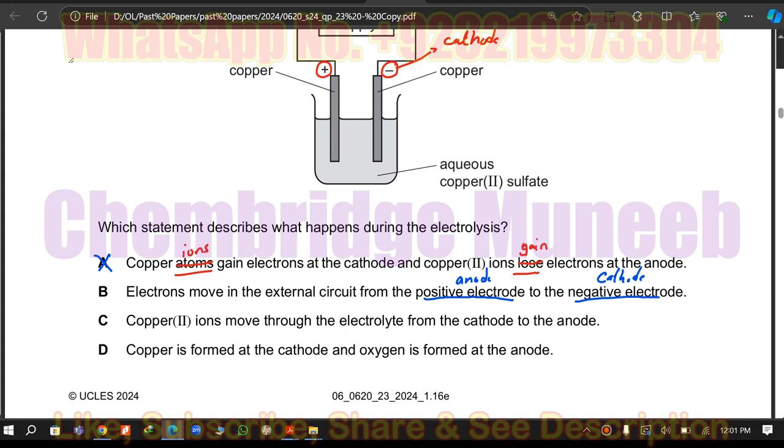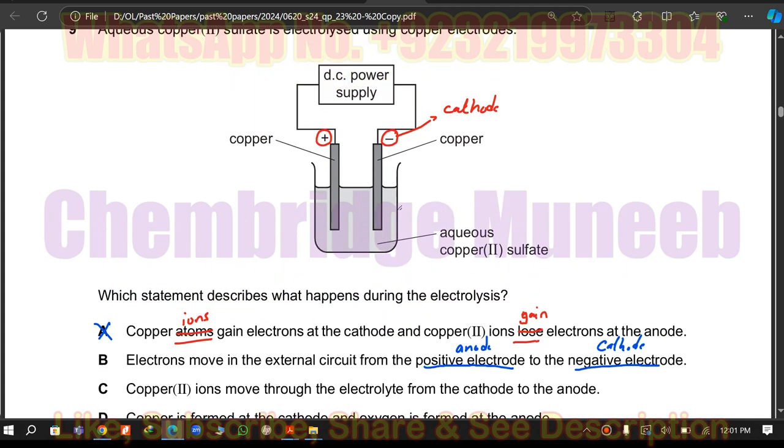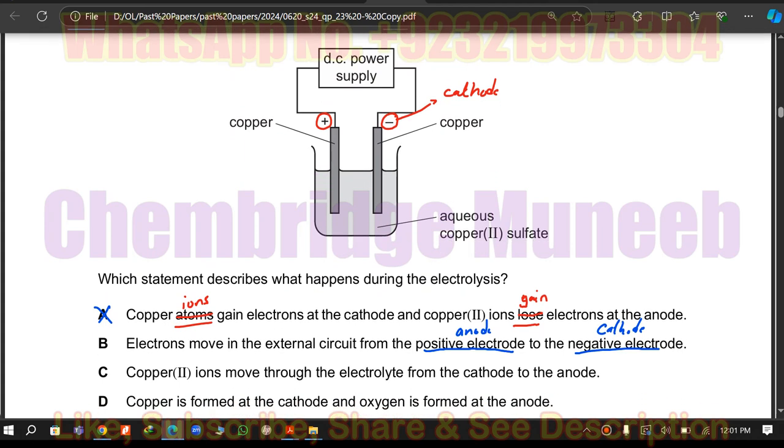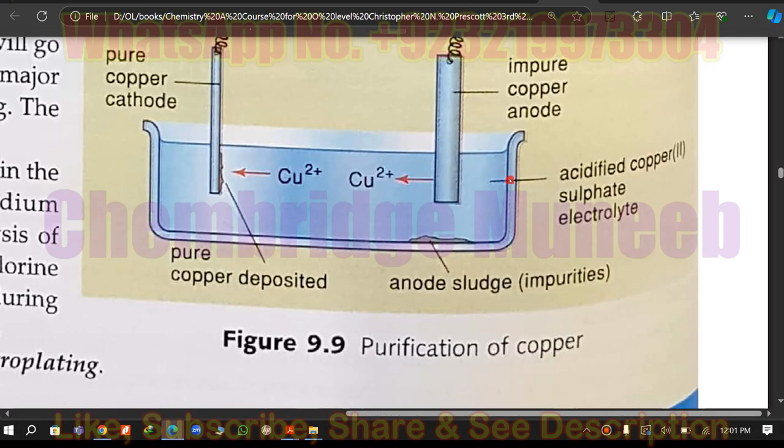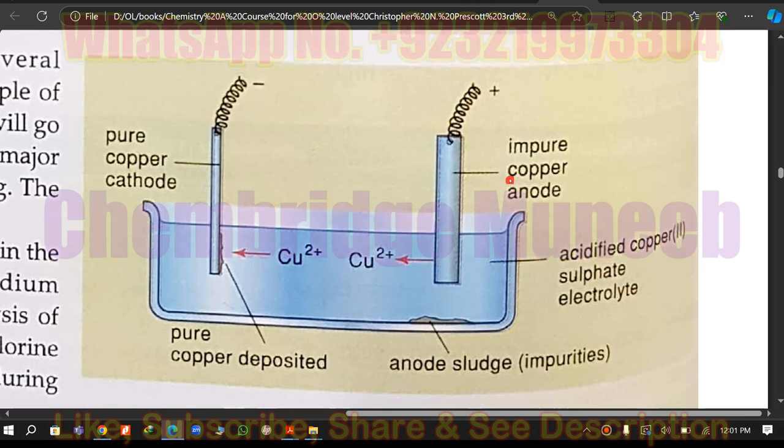What about C? Copper ions move through the electrolyte from the cathode to the anode. That is incorrect. When we saw this in the picture, the cations were moving from the anode to the cathode.